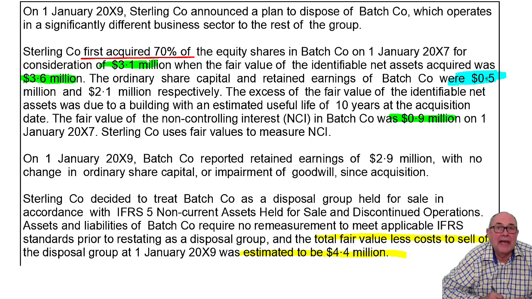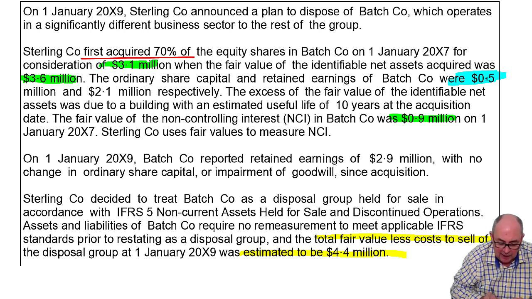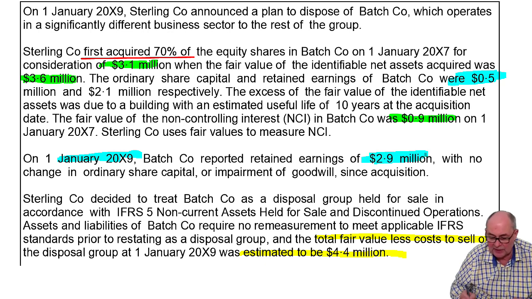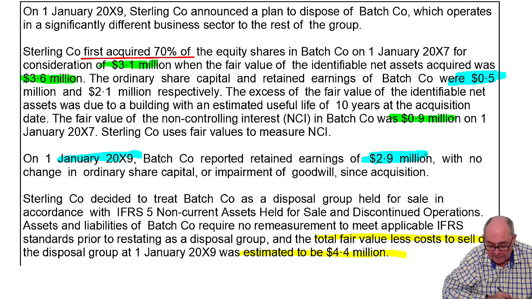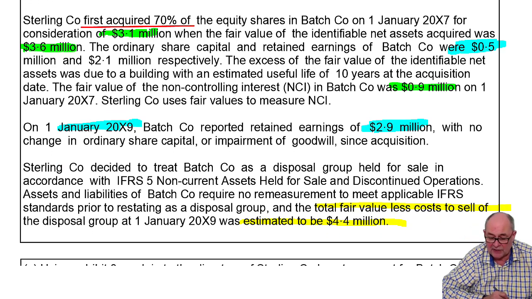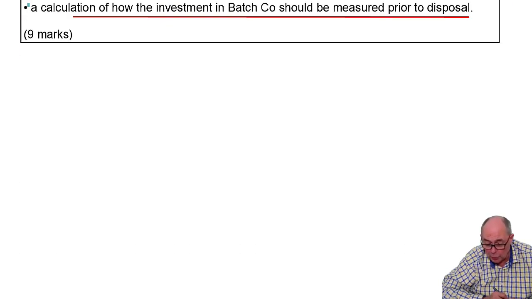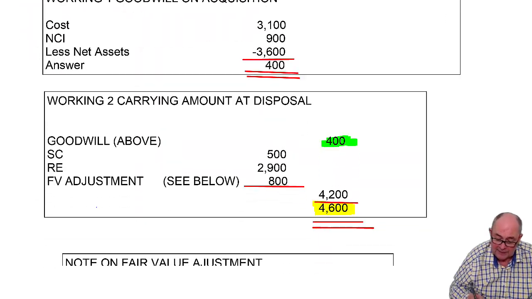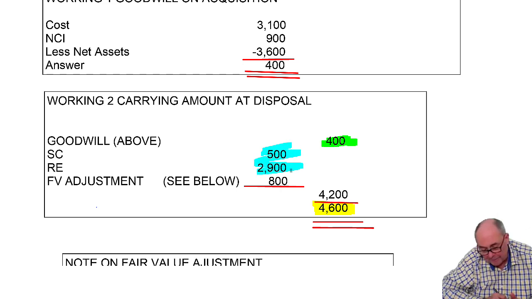The retained earnings at the date of disposal, here we are, 1st of Jan 09, that's 2.9. I presume that's the cumulative figure. All good so far.